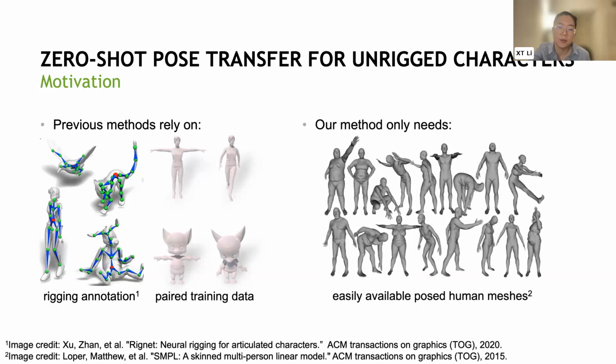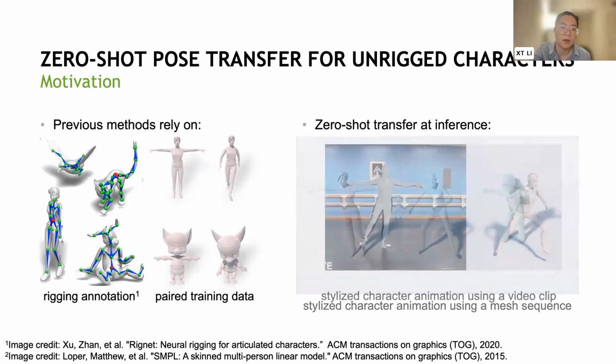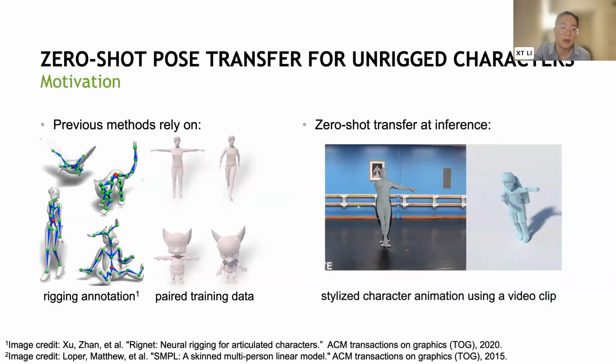And theoretically, we can synthesize an unlimited number of posed humans using the SMPL parametric model for training. So this setting makes the model very challenging, but it also makes it very practical. And during inference, the model can be directly applied to animate an unseen stylized character given a drive mesh sequence, or given a drive video clip.